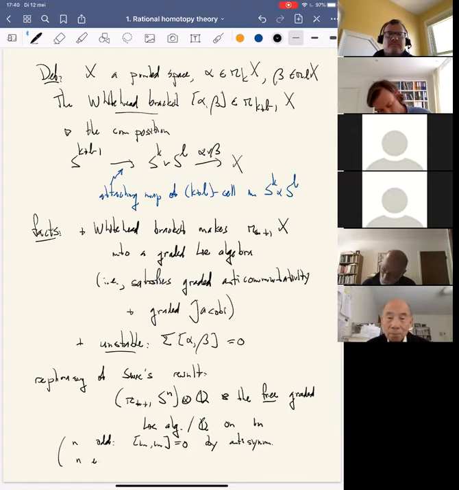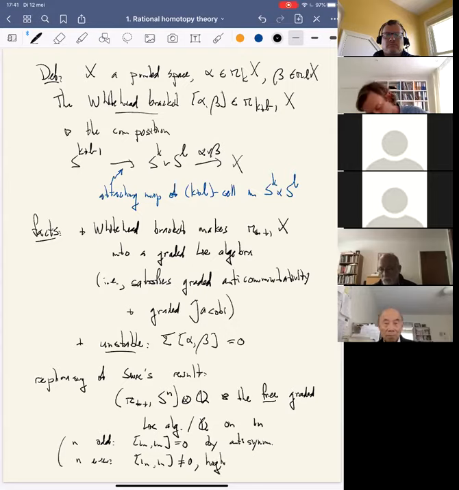And when n is even, this bracket is not forced to be 0 by the antisymmetry axiom. So this is not 0 in the free Lie algebra. But then all the higher ones are, as a consequence of the Jacobi identity, all higher brackets vanish. So in that case, the free Lie algebra on one generator really is a two-dimensional vector space.